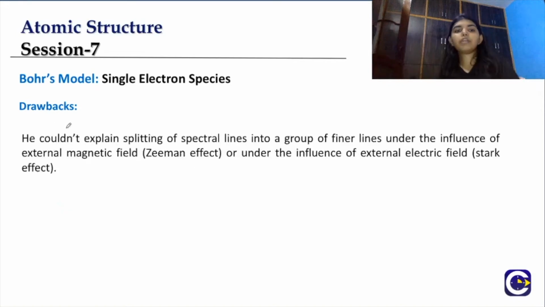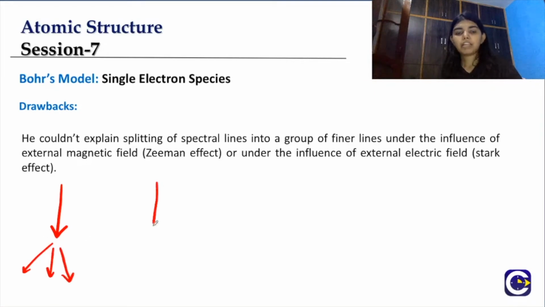Next was, he couldn't explain splitting of spectral lines into a group of finer lines under the influence of external magnetic field, that is Zeeman effect, or under the influence of external electric field, that is Stark effect, right? So let us say that this is a Lyman line, and when you apply a magnetic field to it, let us say it splits into 3.